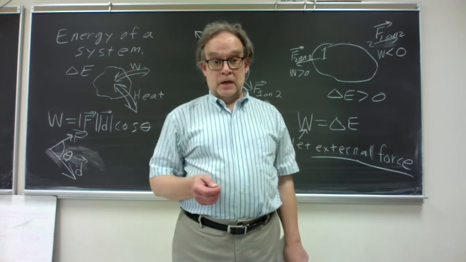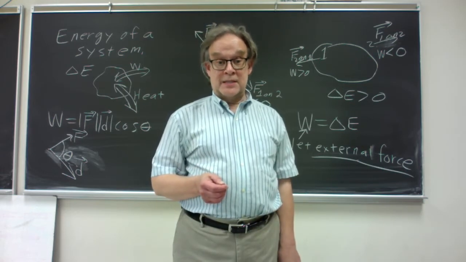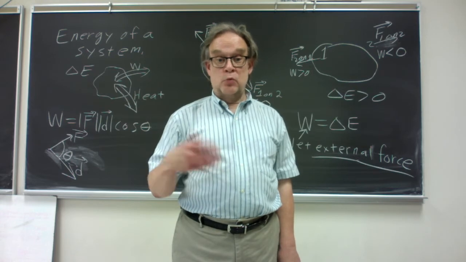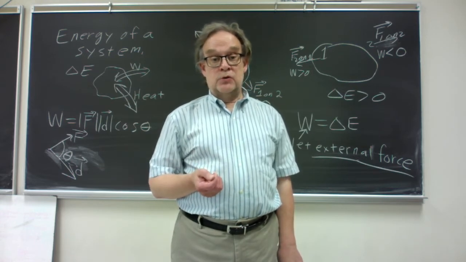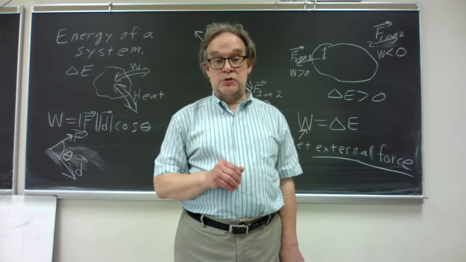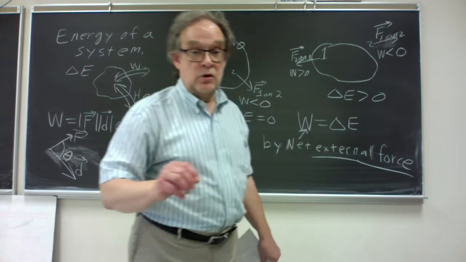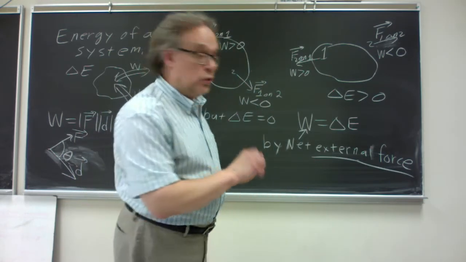And of course, to do that, we have to decide what's in the system in the first place. And we have four nice rules to help us decide what should be in the system and what doesn't have to be in the system. Those rules are described way back in chapter 10, but let me just remind everybody.